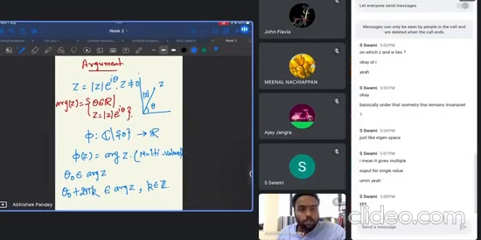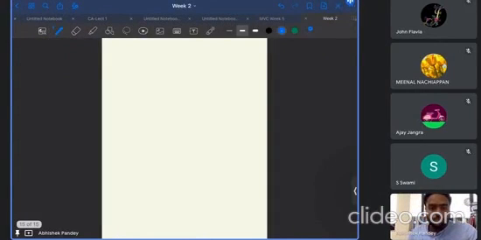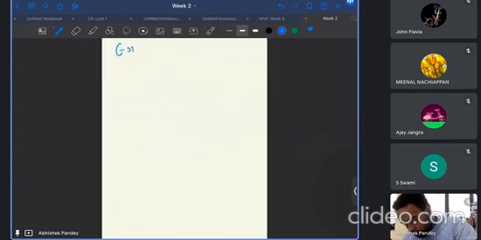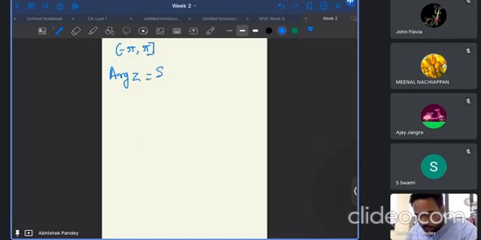Keeping this observation in mind, we will restrict it to some interval of length 2 pi, either 0 to 2 pi or minus pi to pi. Let us say we restrict it to minus pi to pi, and this we will call capital argument of Z. So capital argument of Z is basically theta belonging to argument of Z such that theta is between minus pi to pi.